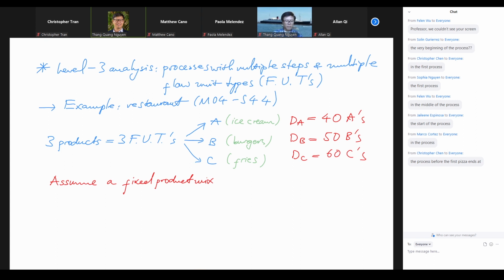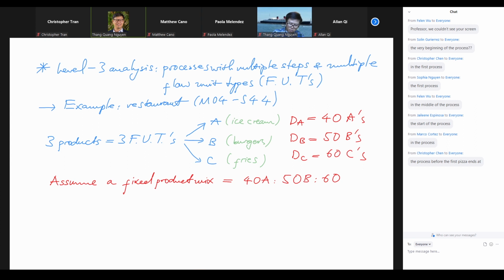What does that mean? The proportions of the demands are fixed among the 3 products. So for 40 ice creams that we sell, we sell 50 burgers and 60 fries.